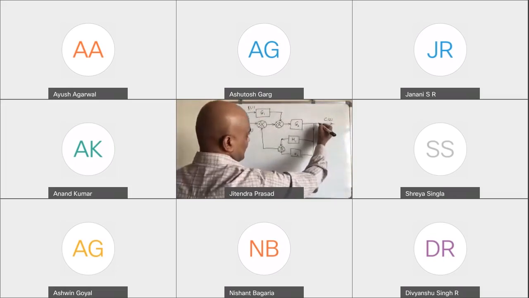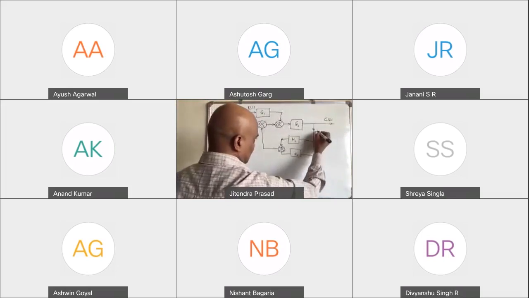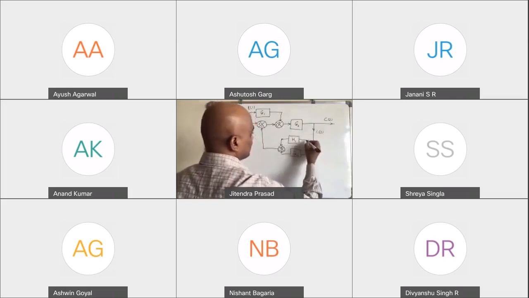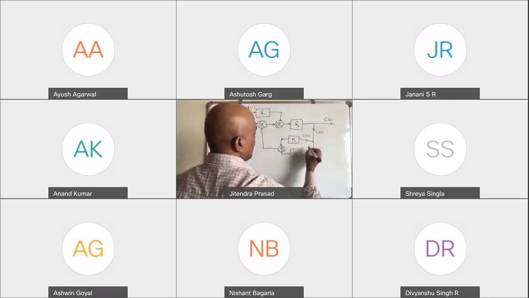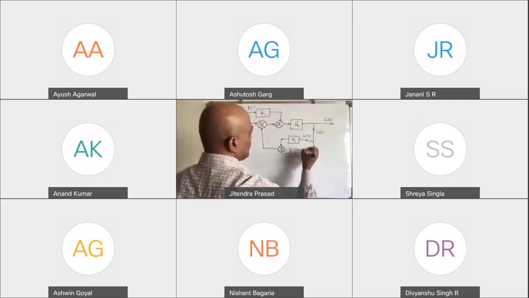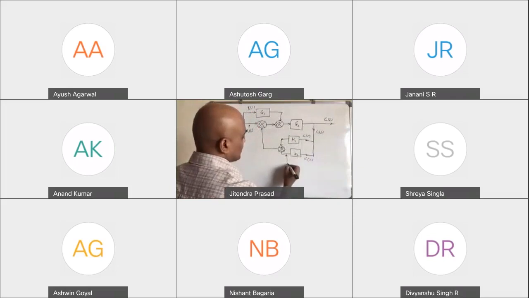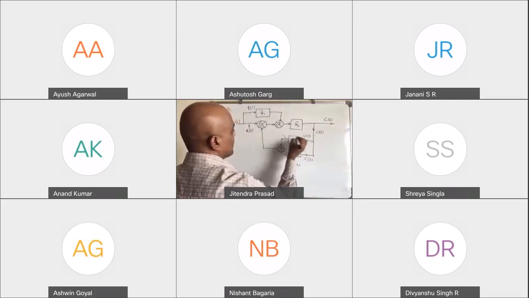So CS is here as well, and here as well, and here as well, right? And then what is the value here? H2 times CS. What is the value here? H1 times CS.